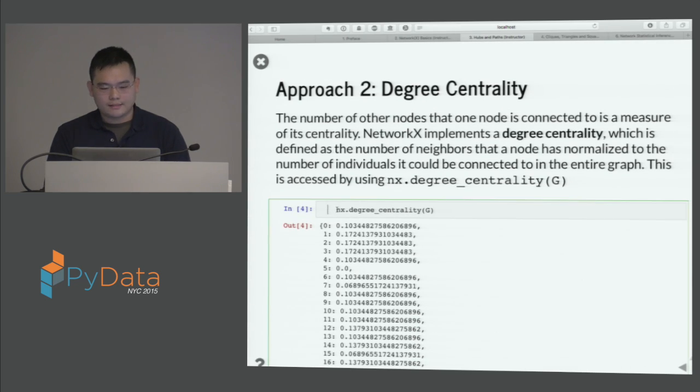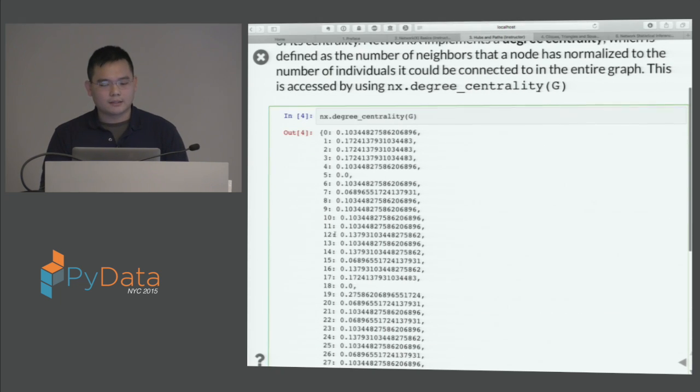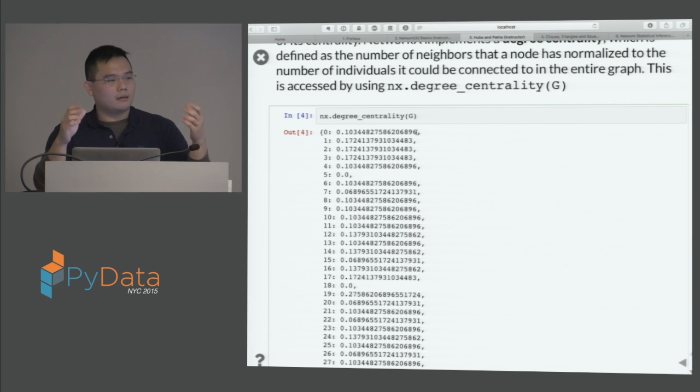If you run that cell, it'll return a dictionary, and the dictionary will show the node ID, followed by the result from that computation of its degree centrality, which is number of neighbors divided by number of total potential neighbors.